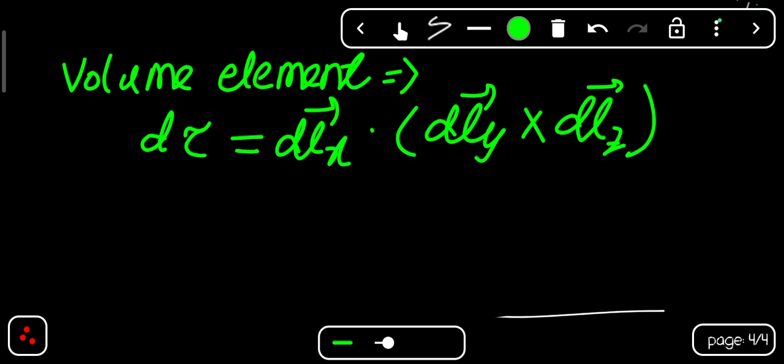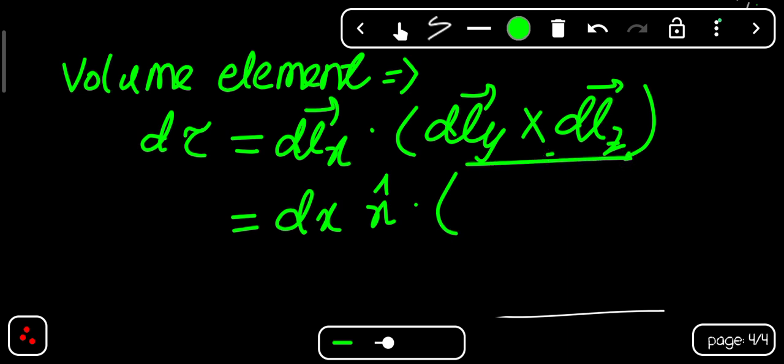If you put those values, you get dx x cap dot, and here you will get x cap dy dz.